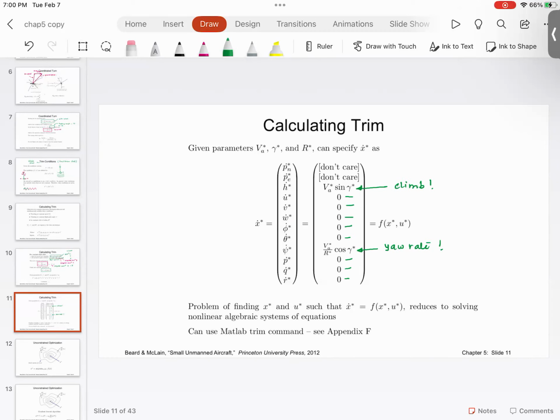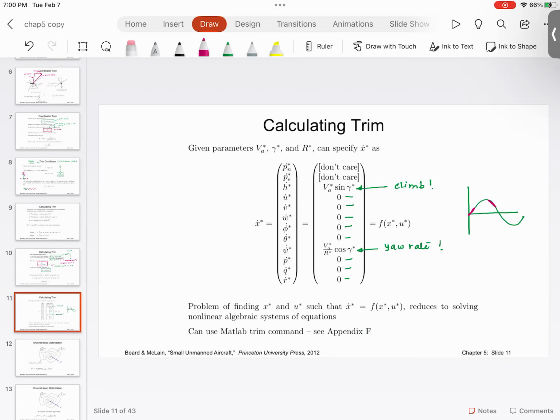The way linearization works is that linearization is valid about an operating point. What I mean by that is if you have a sine wave, and you linearize over here, you have a straight line. But the expression you get for this straight line is not going to be the same at another point.